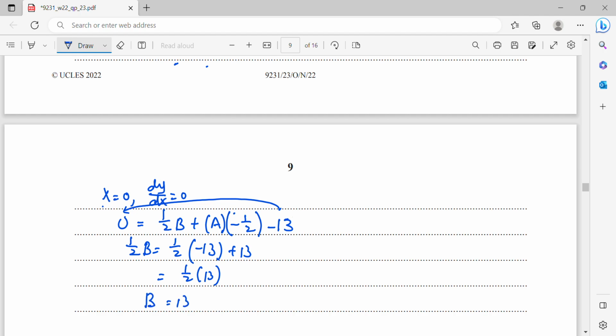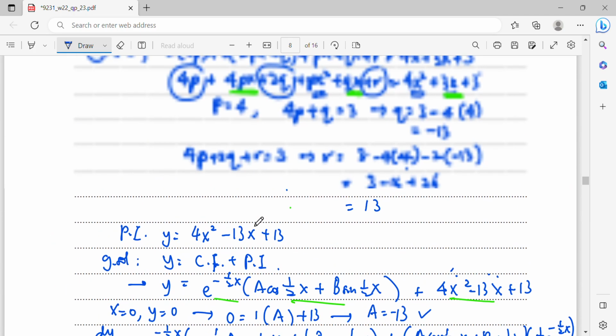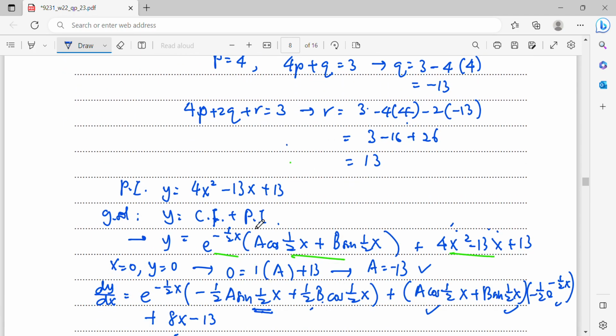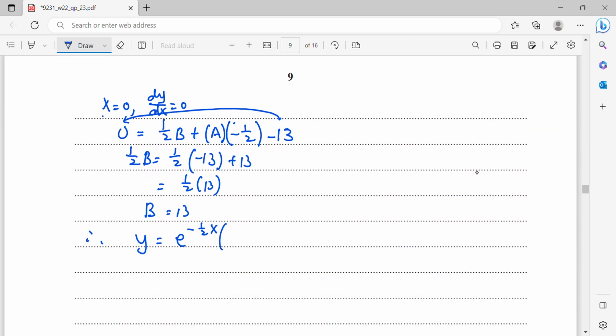So with this B, I will get the final solution. My y, I just need to rewrite e^(negative half x), A cos half x. Okay, go back to the general solution. A cos half x, the A is negative 13, so I will get negative 13 cos half x. Plus B, so the B is 13, B sine half x.